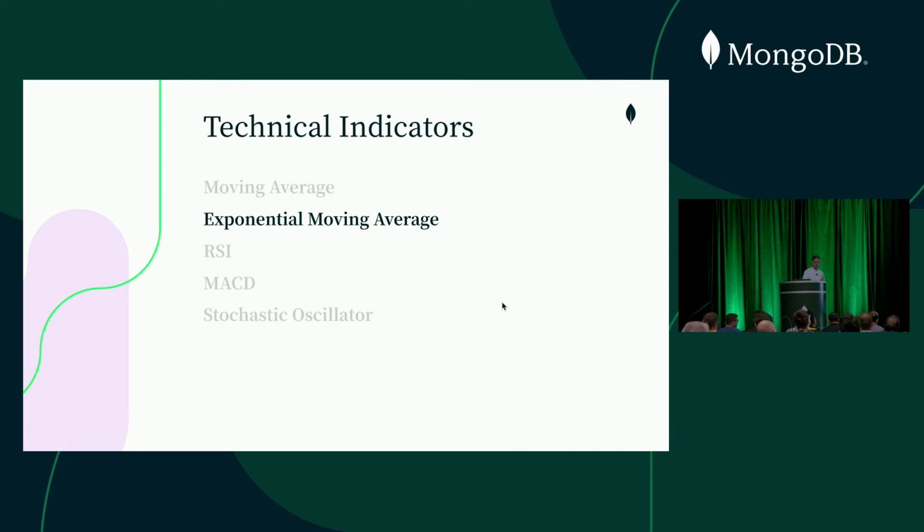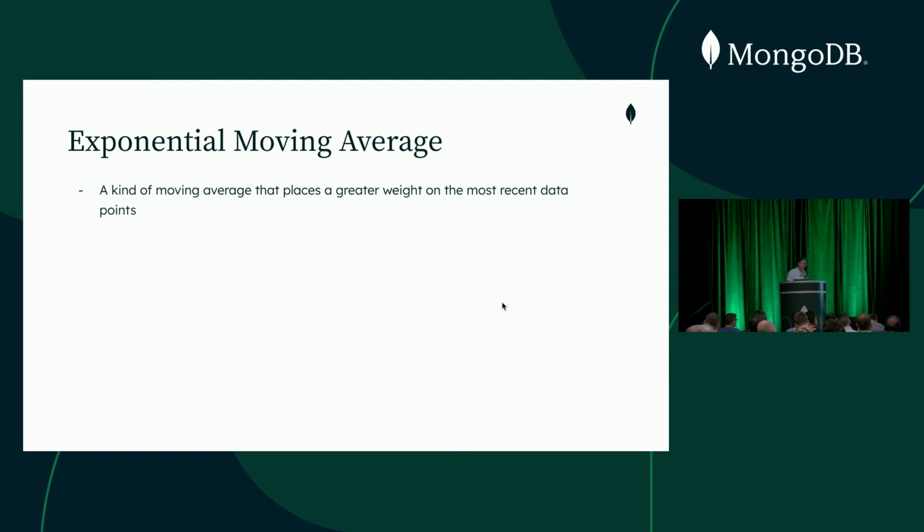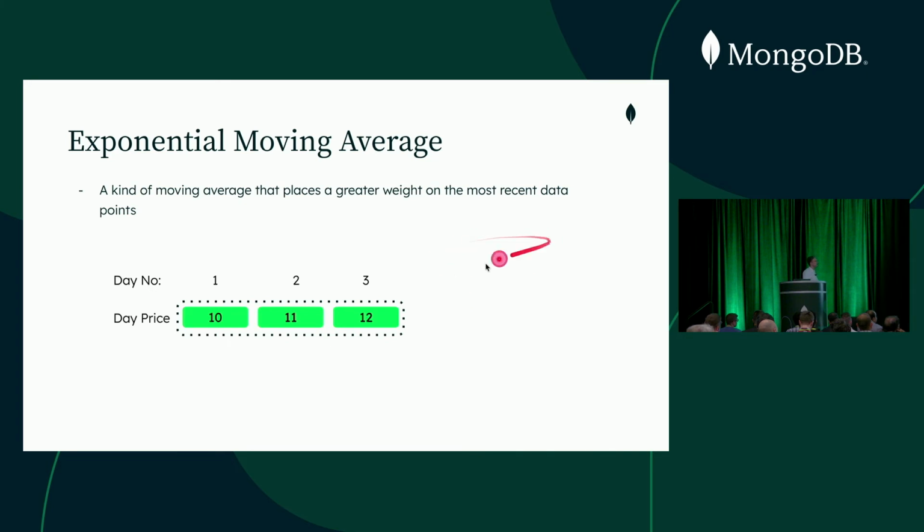Now, exponential moving average. So exponential moving average is a different kind of moving average. Basically, exponential moving average places more weight on the recent data, okay? So please look at this example. We have 3 days of records, okay? Day 1, we have 10, day 2, 11, day 3, 12. For simple moving average, for the day 3, basically we sum up these 3 values and divide by 3, right?